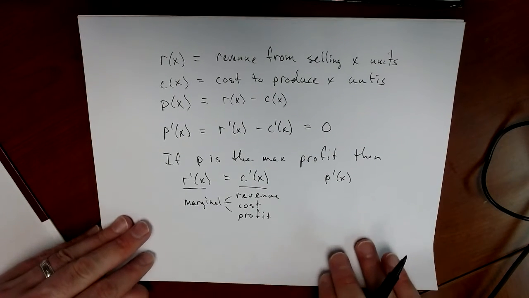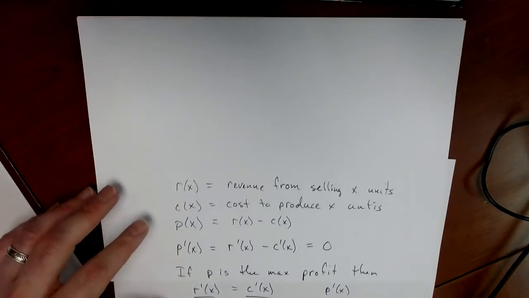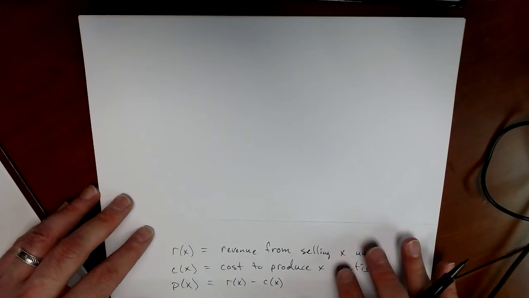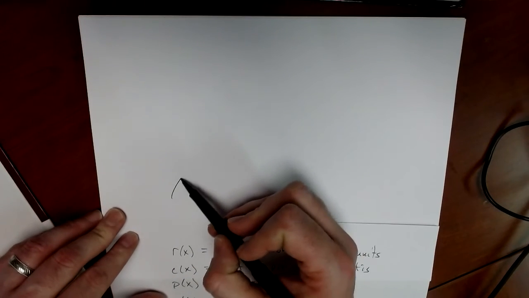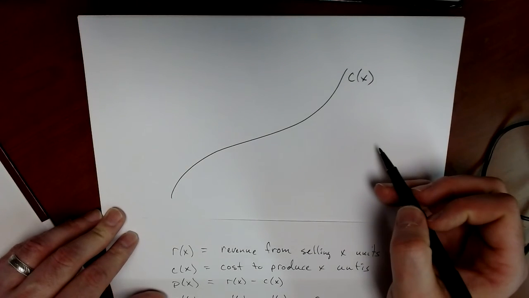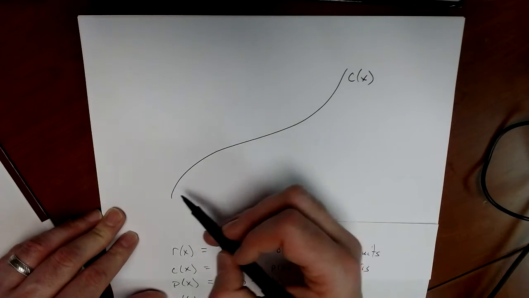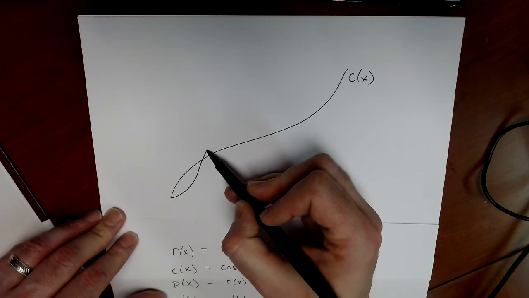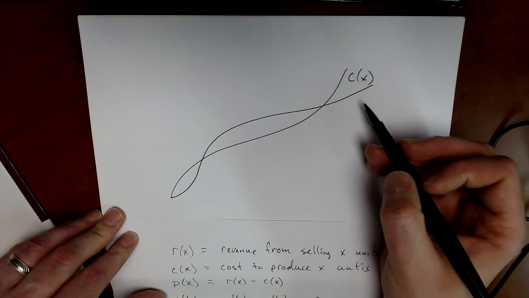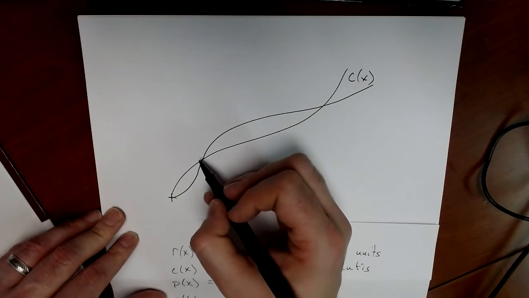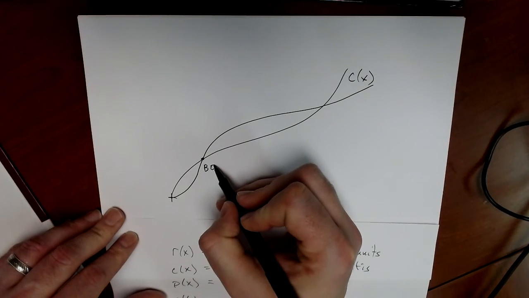So what this can look like for us is if we have something like a cost function and a revenue function, then this would be 0, 0. This is called a break-even point.